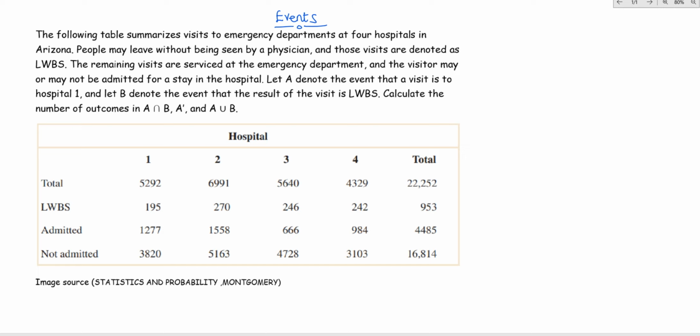The remaining visits are serviced at the emergency department, and a visitor may or may not be admitted for a stay in the hospital. Let A denote the event that a visit is to hospital 1, and let B denote the event that the result of the visit is LWBS. Calculate the number of outcomes in A intersection B, A prime, and then A union B.